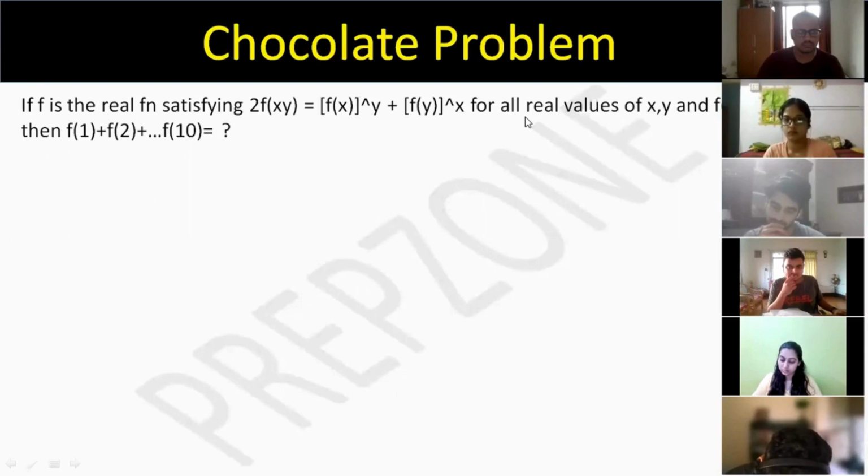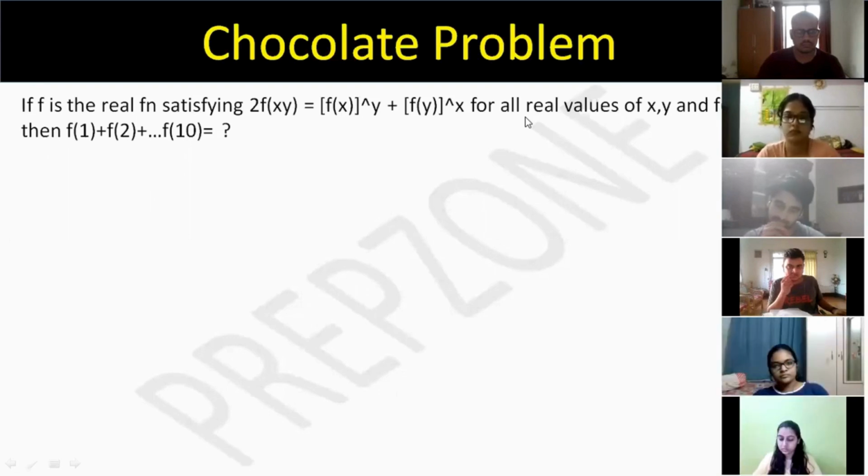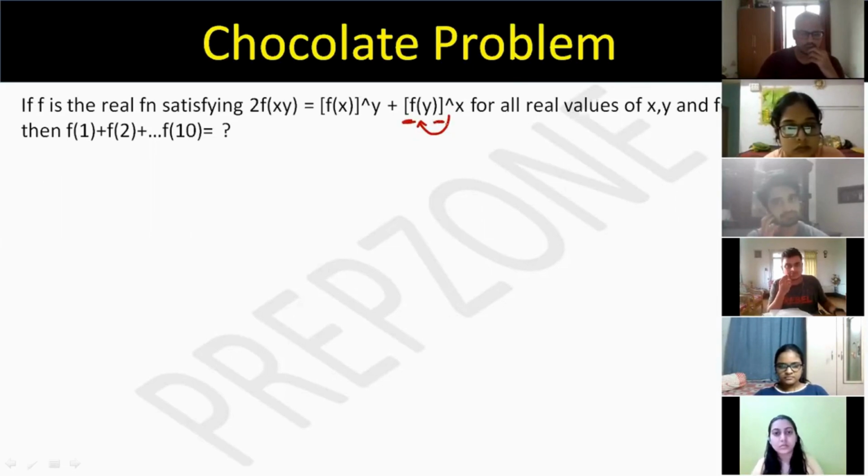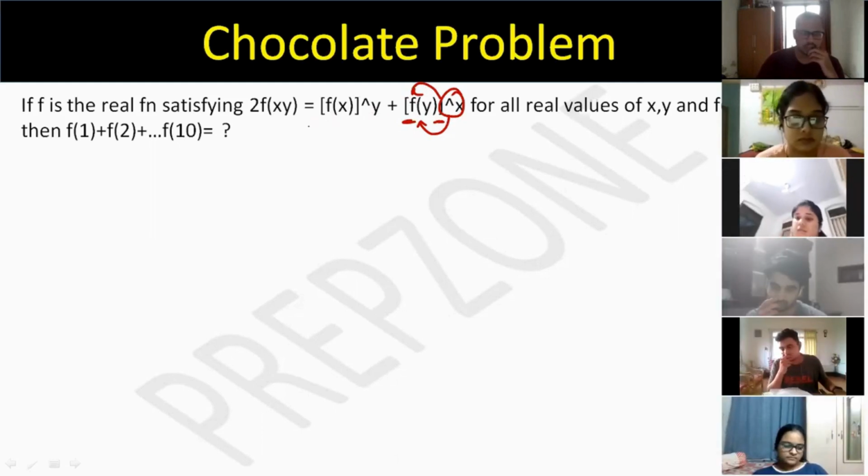The raised to x is only on f of y, because the bracket is only there, not on the entire thing. अच्छा, normal ब्रैकेट है, not a GI function. Normal function, normal है यार.